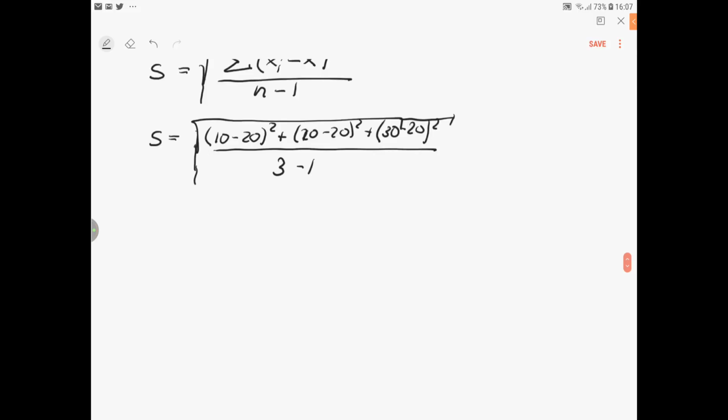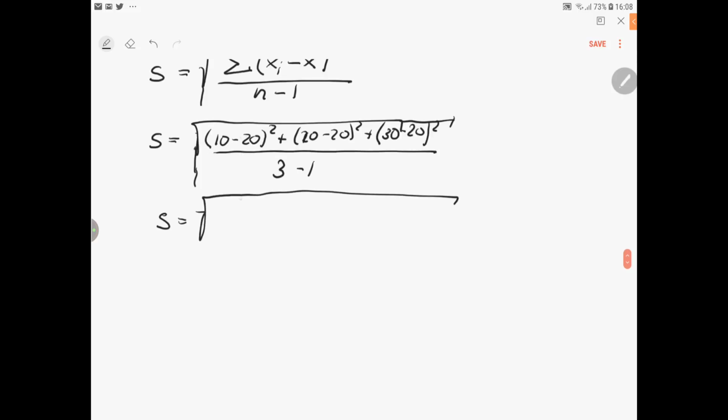And let's just simply do the calculation. S equals square root of, so we said 10 minus 20 squared, that gives us 100, plus 0 plus 100 divided by 3 minus 1, that is 2.